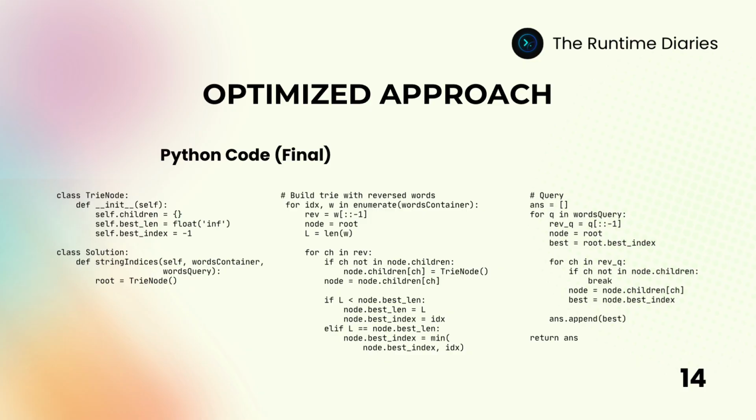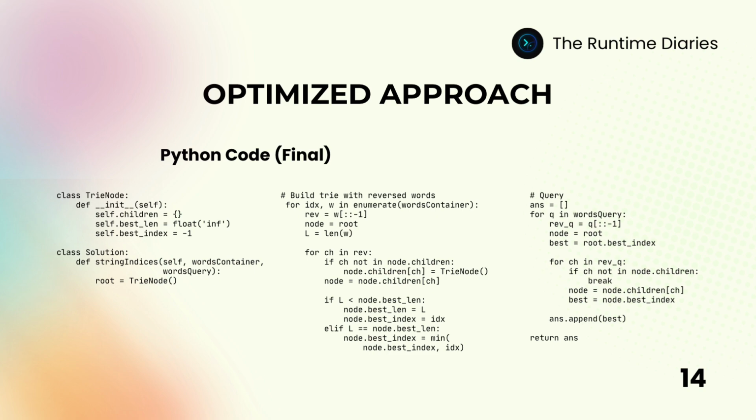Here's the complete Python solution. We define a trie node class with children, best_len initialized to infinity, and best_index initialized to -1. In the main solution, we build the trie by iterating over wordsContainer. For each word, we reverse it. Then walk down the trie, creating nodes as needed.